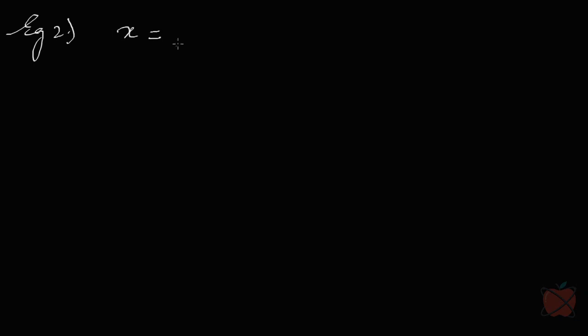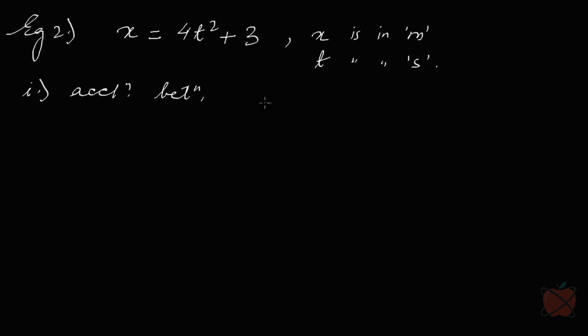Position of a body is given by x equals 4t square plus 3, where x is in meters, and t in seconds, after 20 seconds.